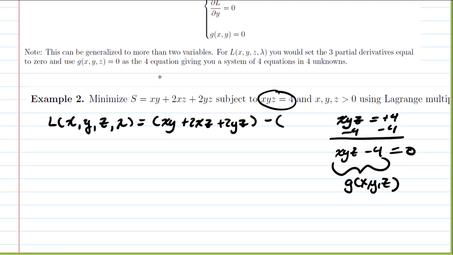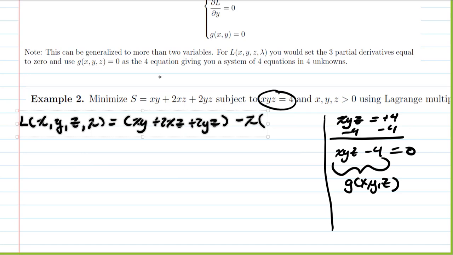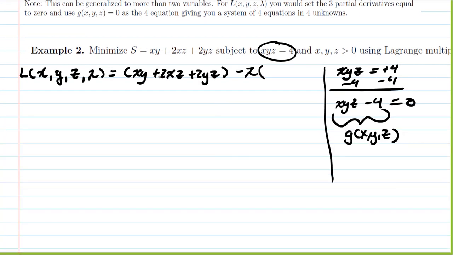So then we would have lambda times xyz minus 4. We always have to have our g of x,y equal to 0.